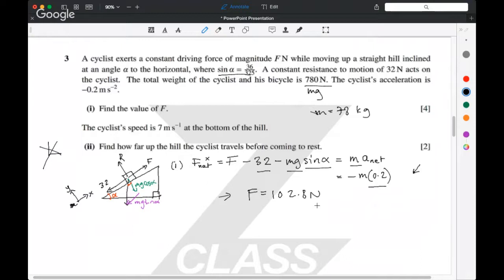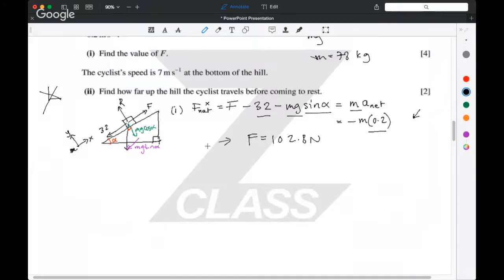Okay, so now we're asked to find how far uphill the cyclist travels before coming to rest. For this, we can use the equation final velocity squared is equal to initial velocity squared plus 2 times acceleration times distance traveled. If you plug in all of these, you know that the final velocity is equal to 0 because the cyclist is at rest.